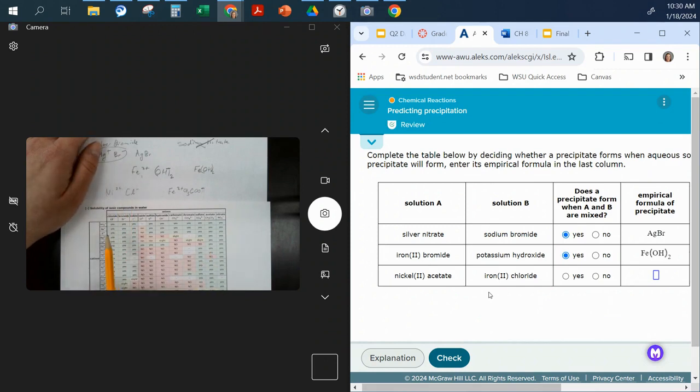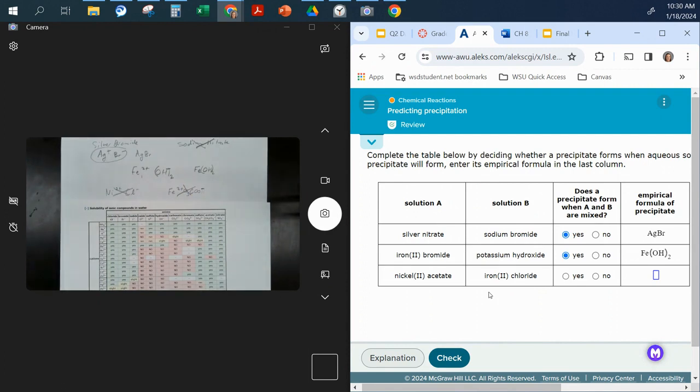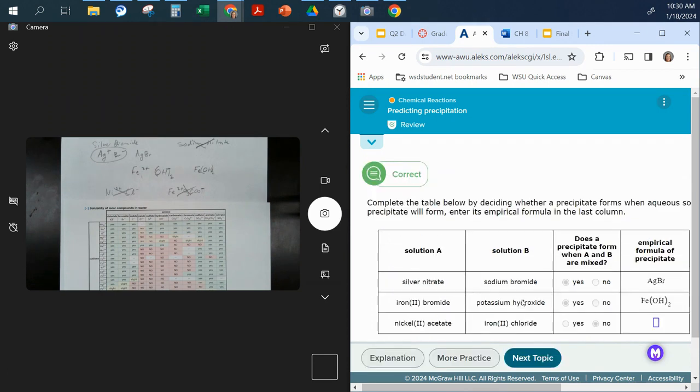So nickel chloride. Okay, that one's soluble, so that won't form a precipitate. And iron 2 acetate. Okay, that one's also soluble, so nothing will precipitate. We won't see something cloudy or something fall to the bottom.